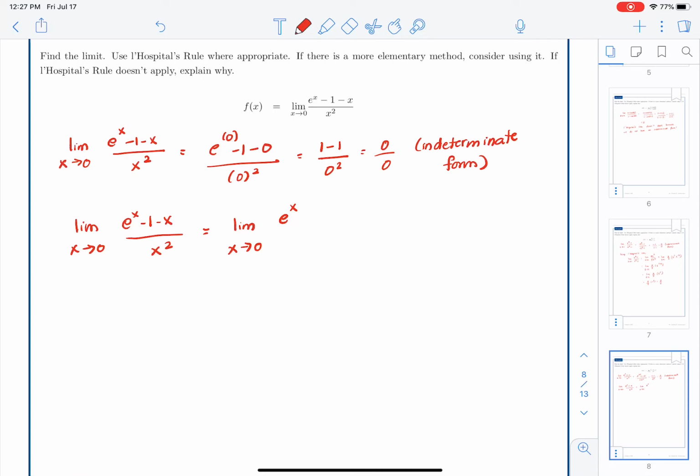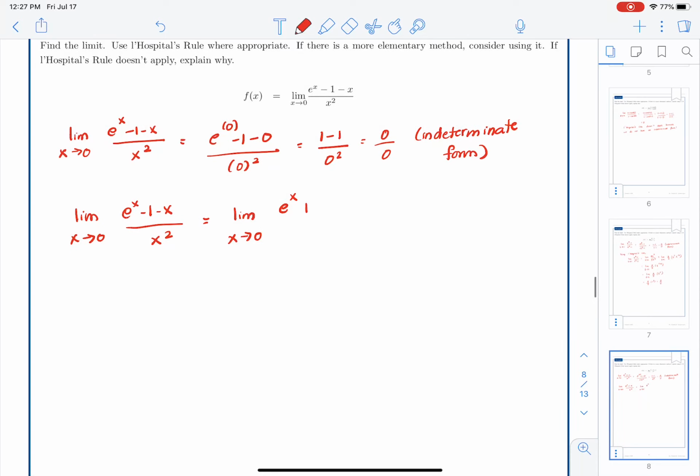Derivative of e raised to x is e raised to x. Derivative of negative 1 is 0. Derivative of minus x is minus 1. Divided by the derivative of x squared, which is 2x. Let's apply the limit. We get e raised to 0 minus 1 divided by 2 times 0, which is 1 minus 1 over 0, 0 over 0.